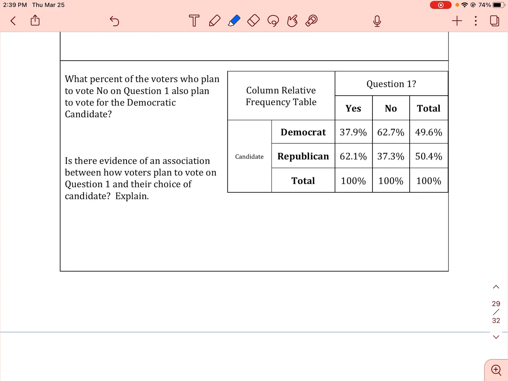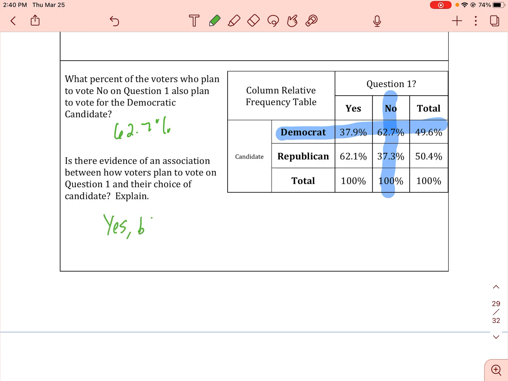What percent of voters who plan to vote no on question 1 also plan to vote for the Democratic candidate? Where those overlap is 62.7%. And is there evidence of association between how voters plan to vote on question 1 and their choice of candidate?